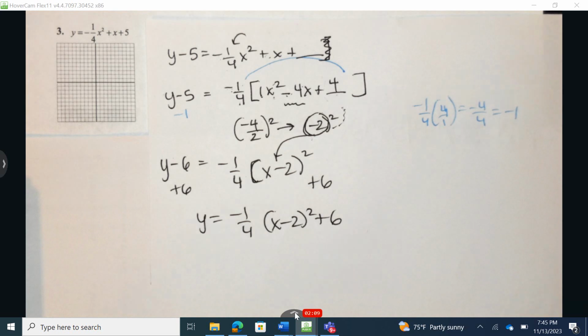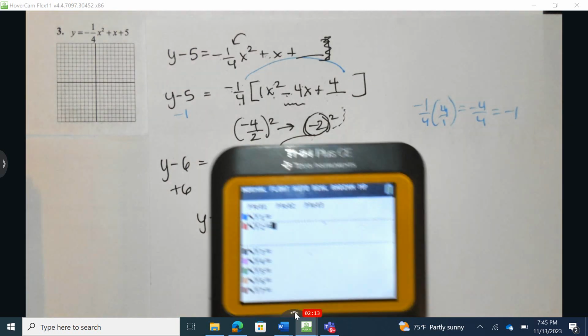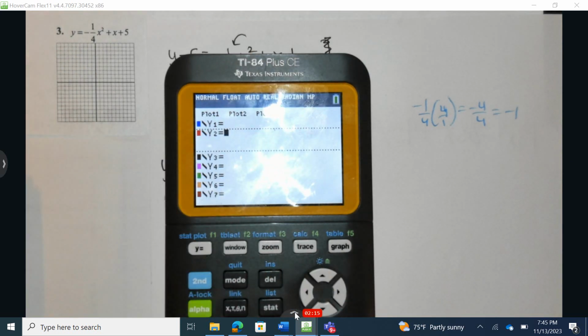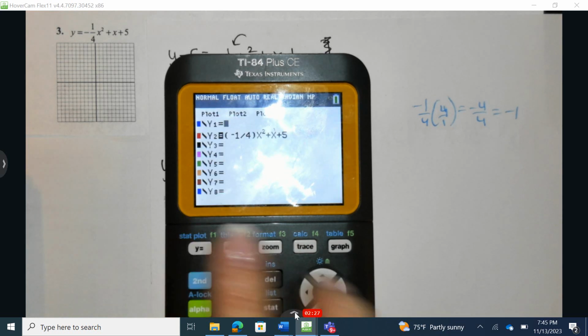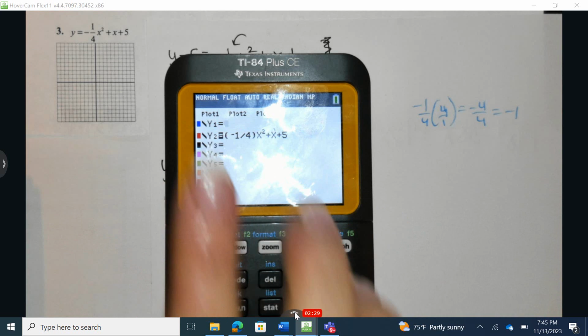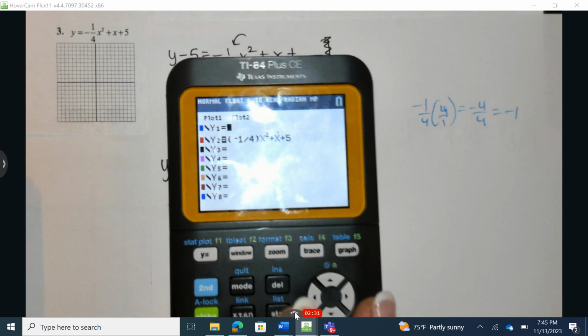And if you're thinking, like, how do I know if this is correct? What can I do? So I'm going to put in the original function. Anytime I have fractions, I like to put them in parentheses, plus x plus 5, and I'm going to graph it. That's my red function, and now it doesn't matter if I put it in as y1 or y sub 2.